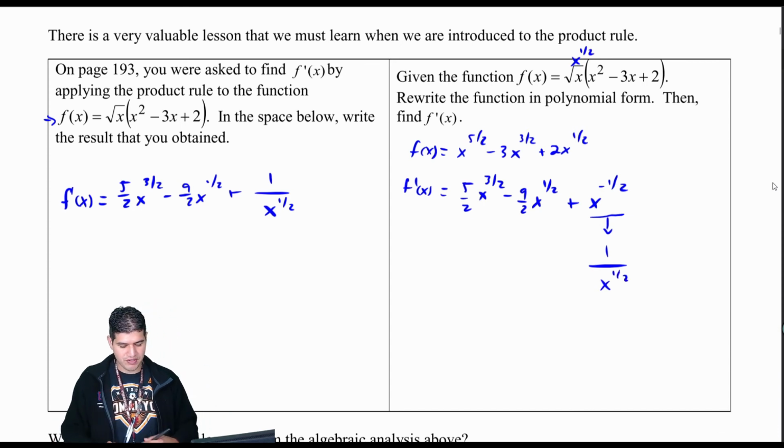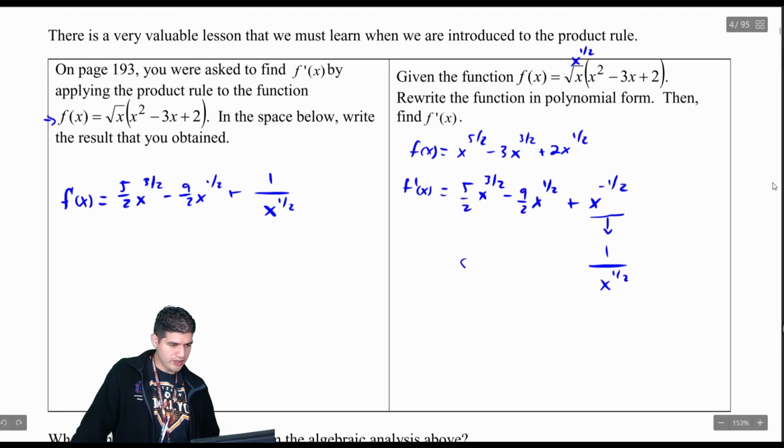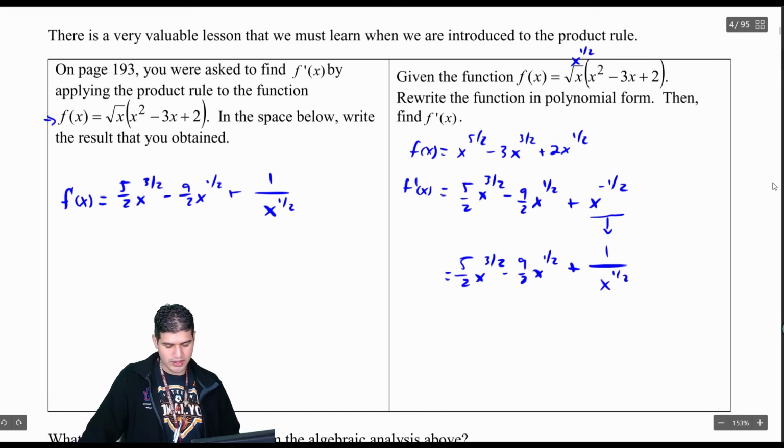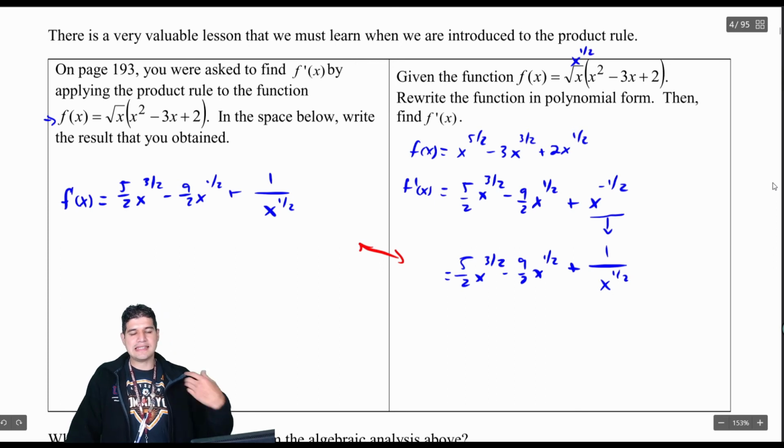Okay, so you can bring everything else down right there. Let me do that real quick. So 5 halves x to the 3 halves minus 9 halves x to the 1 half plus 1 over x to the 1 half. And what you want to notice is that these two things right here are the exact same.